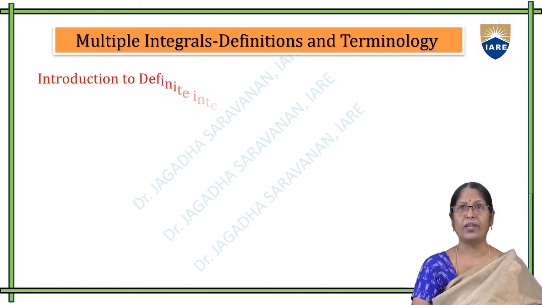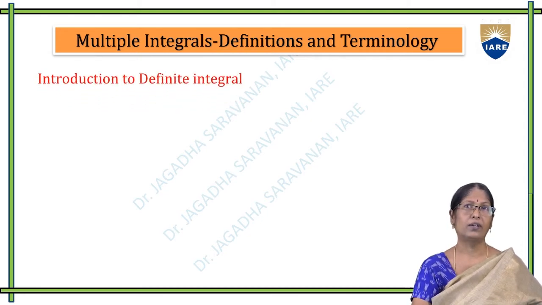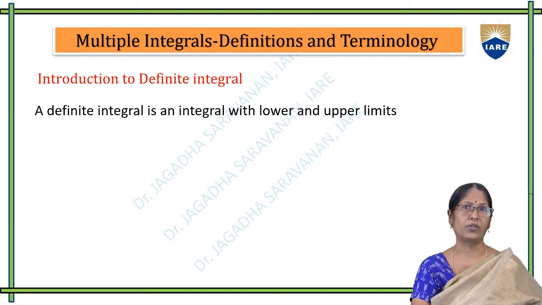So the first one is, what is the origin of these multiple integrals, from where do we obtain these multiple integrals? The definite integral is the basic one. What is a definite integral?